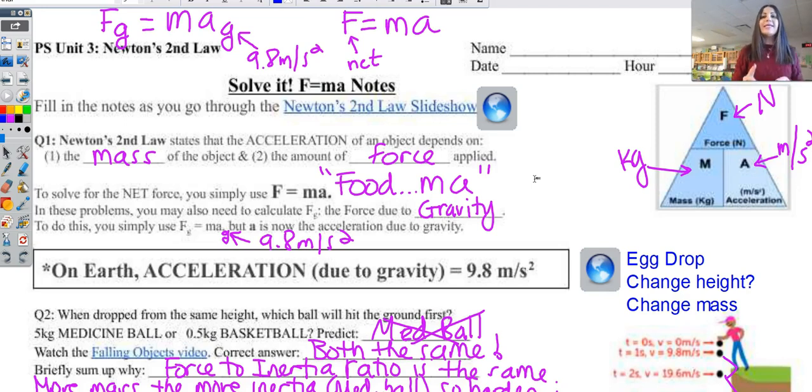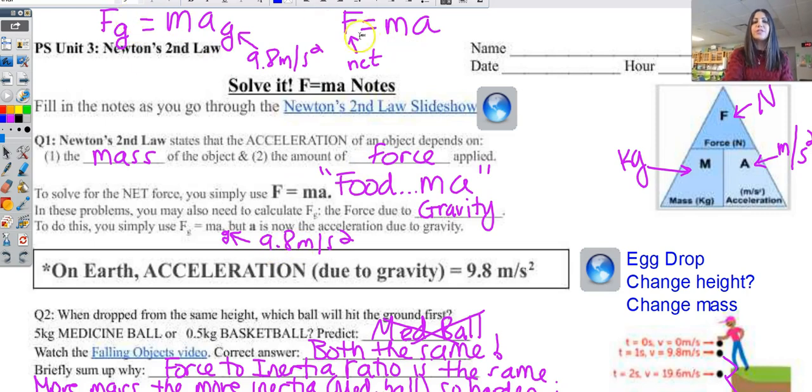But weight is according to acceleration, so your weight can be different depending on where you are. For example, on Mars, the acceleration due to gravity might be something like 3.2 meters per second squared instead of 9.8 like we have here. So it's something really nice to remember.